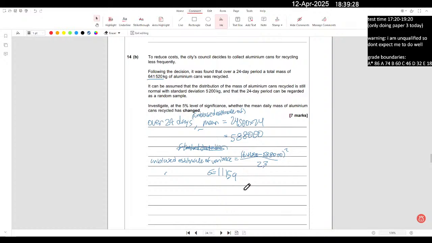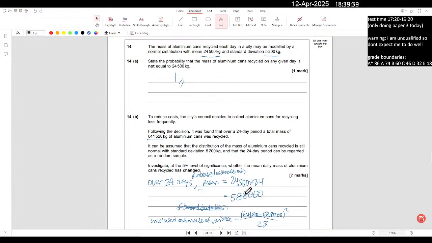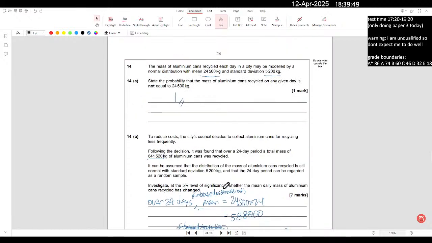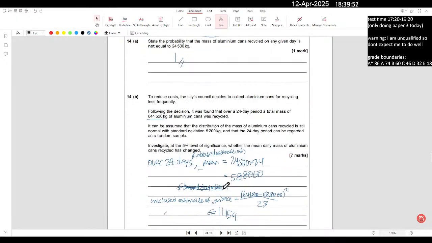Okay, 5. 588,000. Variance 11159. And what's the new X? 641,520.